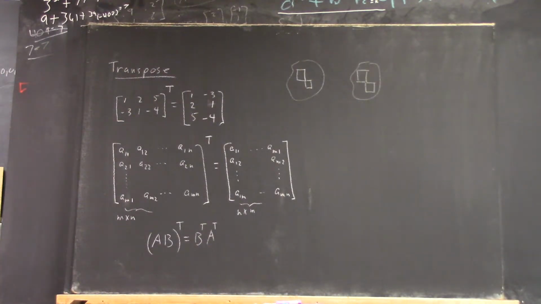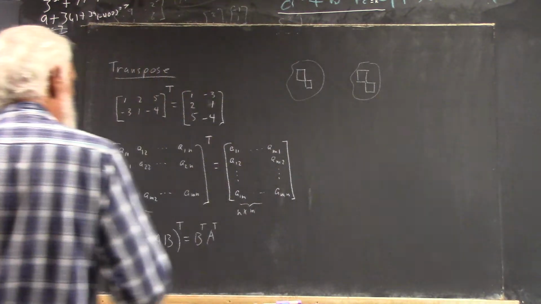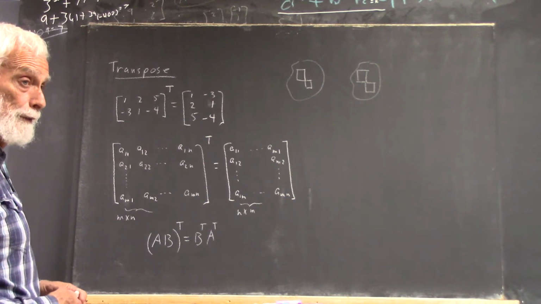Similar to the inverse. I keep going over to the inverse here. Just to tell you, this is in section 2. Toward the end of the section, you've got several rules for transpose, okay? This is the most non-intuitive one, but after you work with it a little bit, it becomes intuitive.